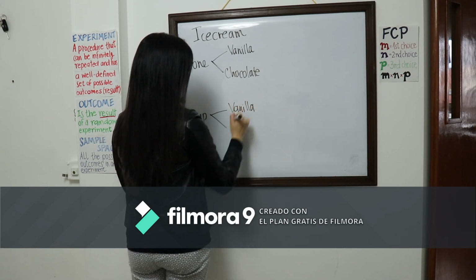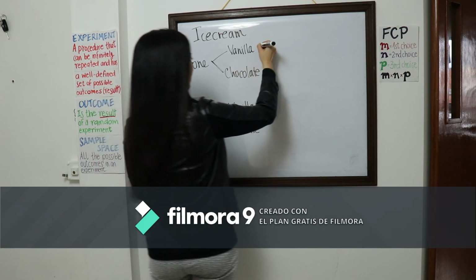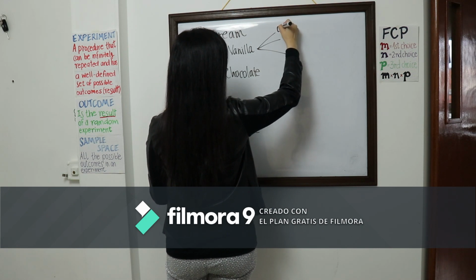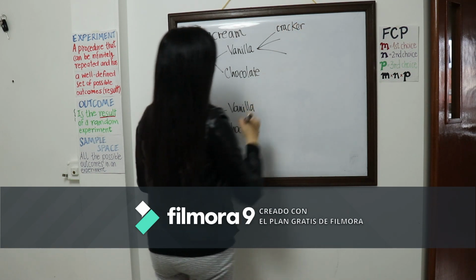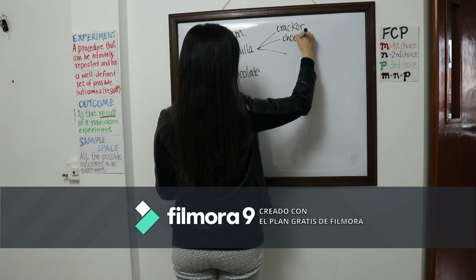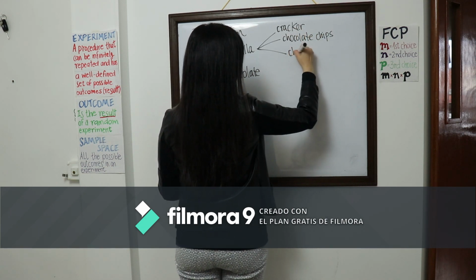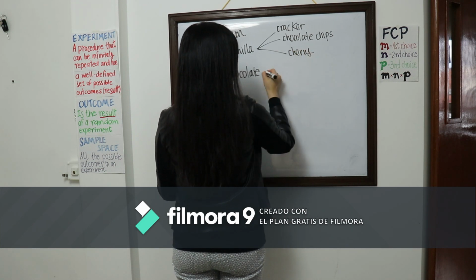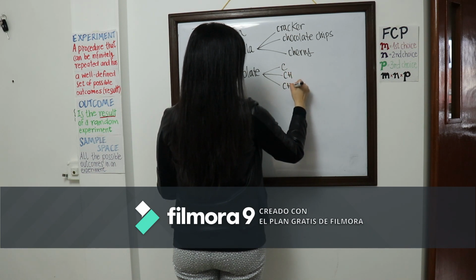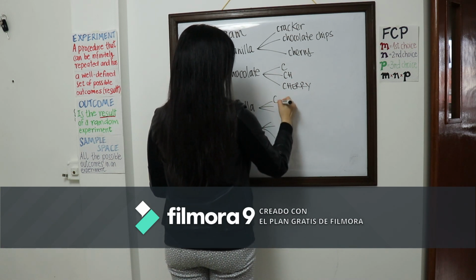And then toppings, we can have a cracker, we can also have chocolate chips, or we can have a cherry. And so we actually get those three options here, right? 1, 2, 3, and 1, 2, 3.